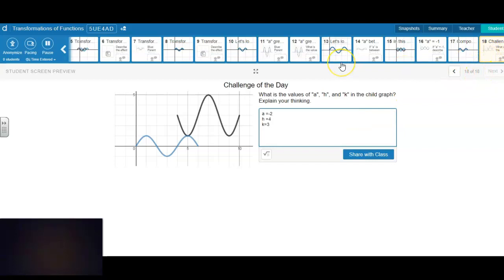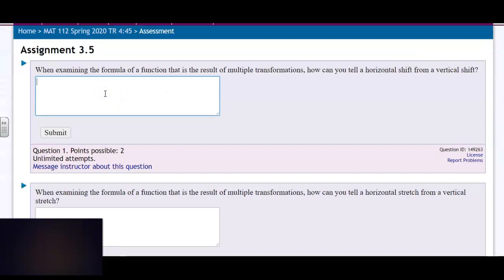Kind of cool, huh? All right, we're going to go through Open Math shortly and do some of those problems. When you're trying to figure out a horizontal shift versus a vertical shift from the formula, the vertical shift is added at the end, so it's the K value at the end.